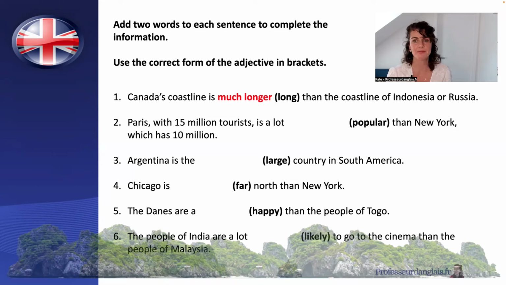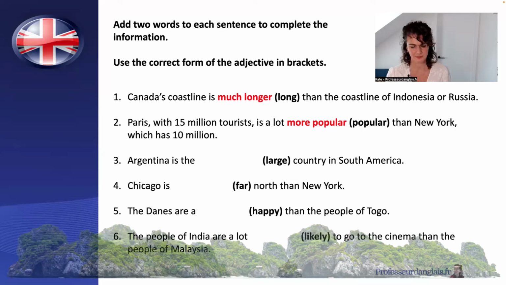Paris, with 15 million tourists, is a lot more popular than New York, which has 10 million.